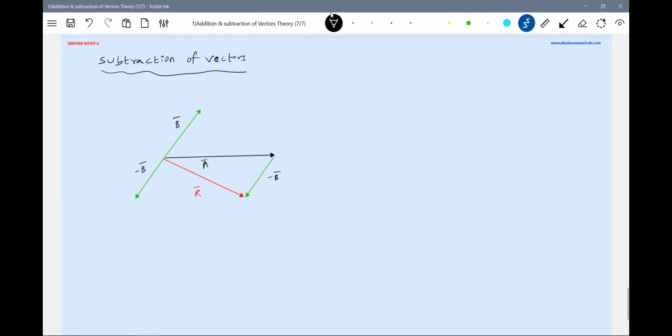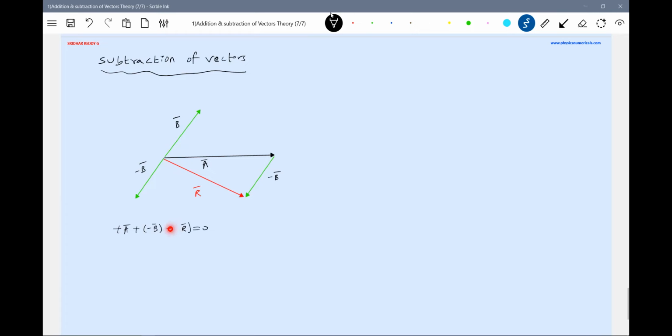So how do we write it? Plus a bar, I'll move from tail to head. Then again tail to head, minus b bar, minus r bar equals 0. Why negative sign?